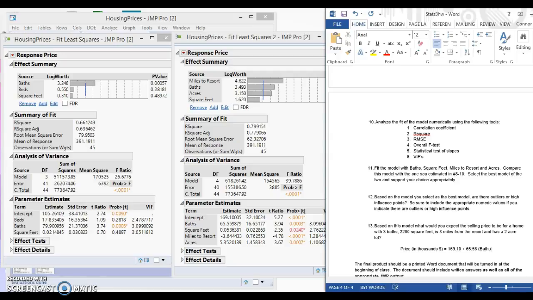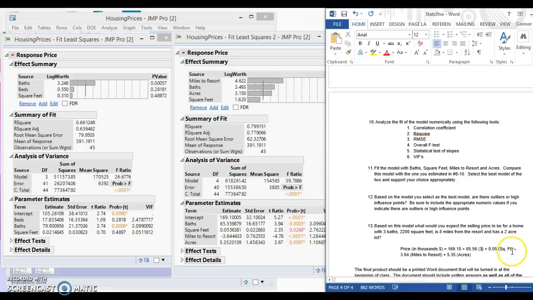Number of baths plus 0.05 times square feet minus 3.64 miles to resort plus 5.35 times acres.